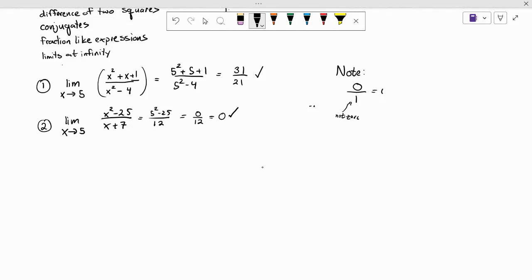Okay. What we're going to look at for the next example is the flip side of that. If you get non-zero over 0, then this is not defined in math. Dividing by 0 is not allowed. 0 in the numerator is fine, 0 in the denominator is not.